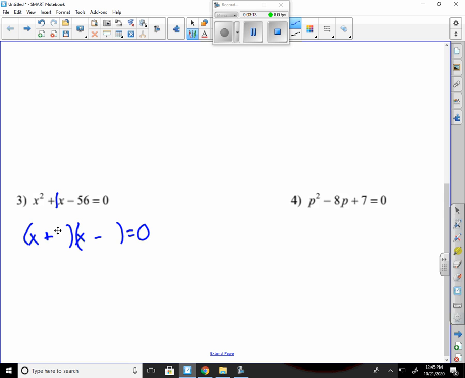So if I do x plus 7 and x minus 8, you'll notice that when I add those together, negative 8 plus 7 will give me a negative x. Since this is not negative, it tells me that I need to switch those.